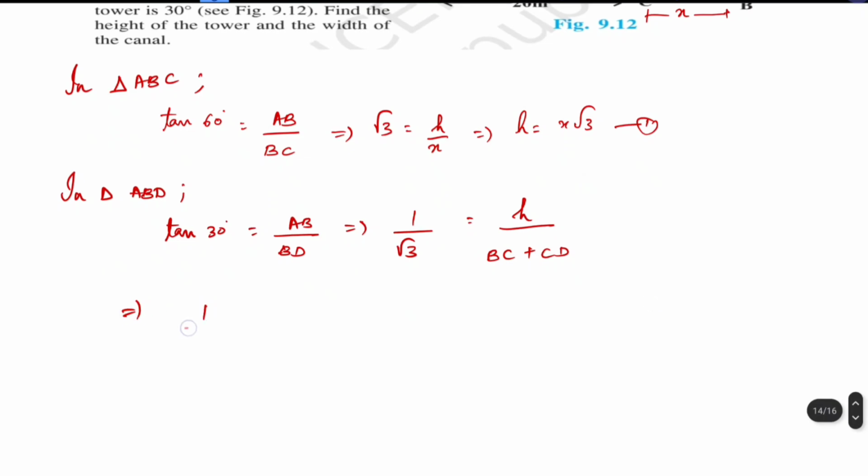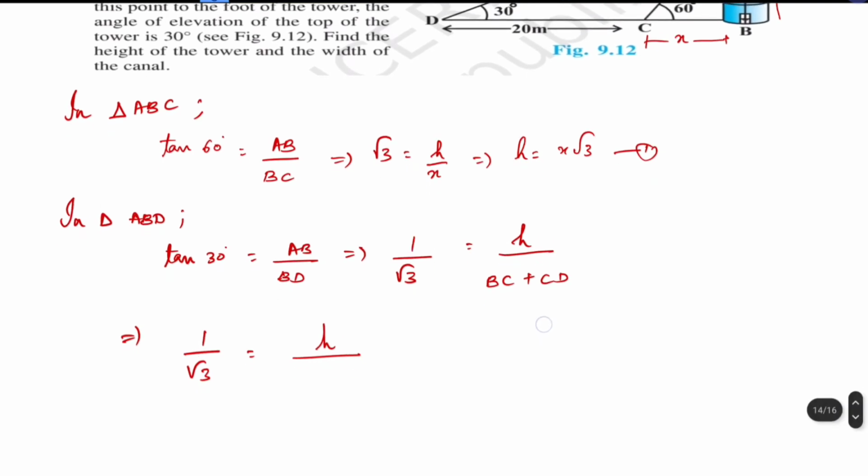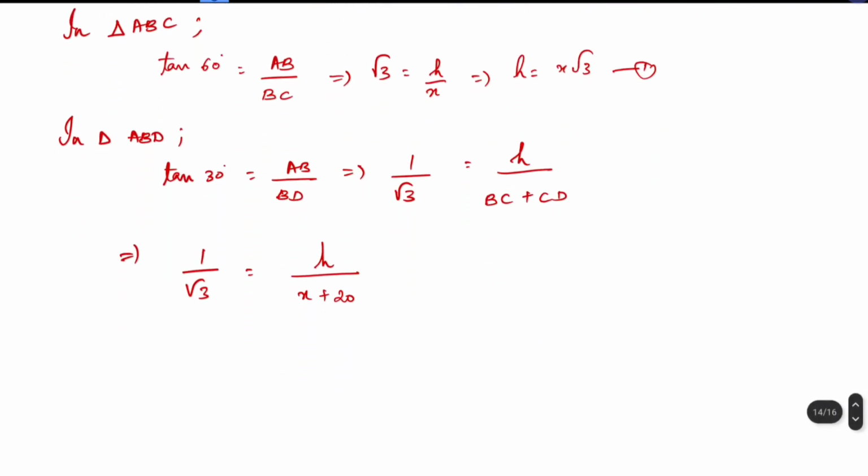Substituting them, 1 by root 3 is equal to h by x plus 20. And substituting equation 1, we get 1 by root 3 is equal to x root 3 divided by x plus 20.